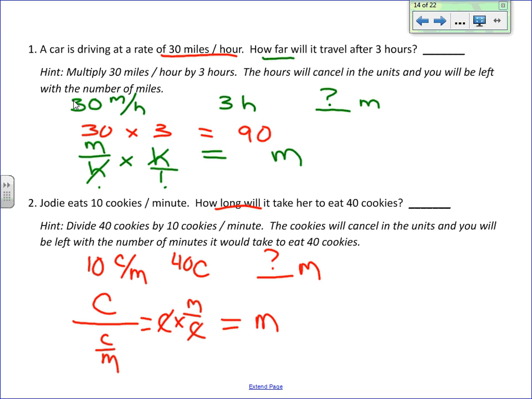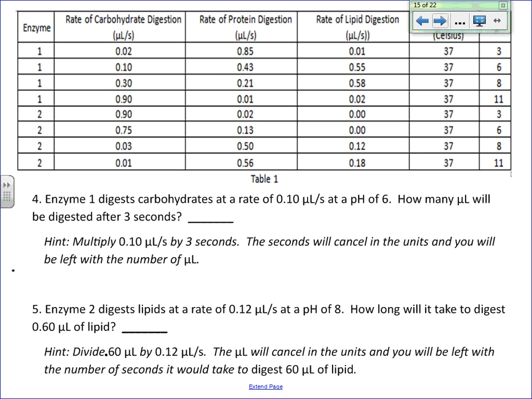The reason I show you these two simple examples is because they're the same exact thing as when we start using microliters per second. In this case, we're digesting something at a rate of 0.1 microliters per second. How many microliters would then be digested after 3 seconds?